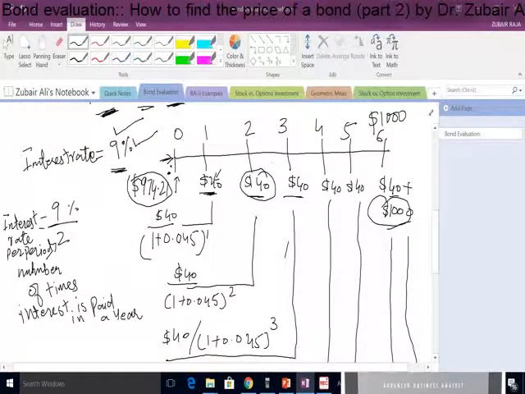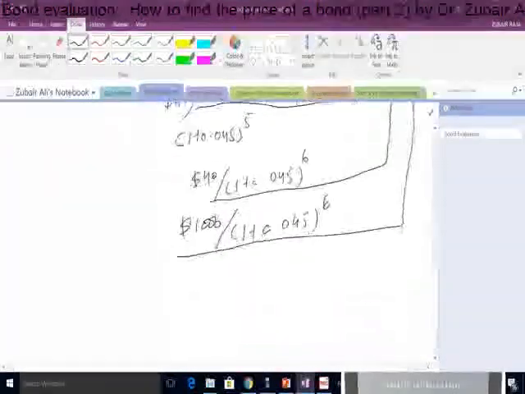So this will reduce the demand for this bond, and the reduction in demand means that the price will decrease and go below the face value of the bond. So from 1,000, if 1,000 is the face value, the price will be lower. And this also explains another concept.